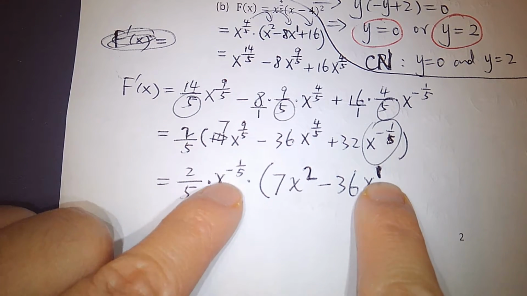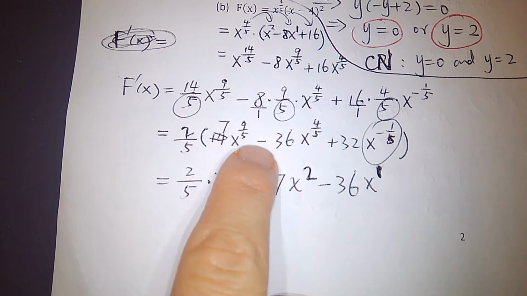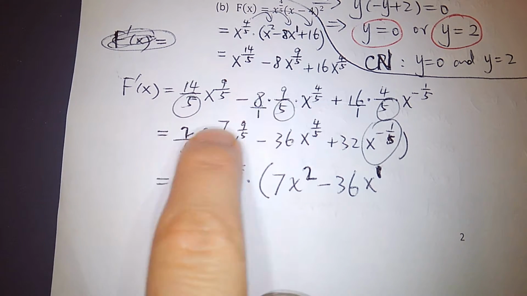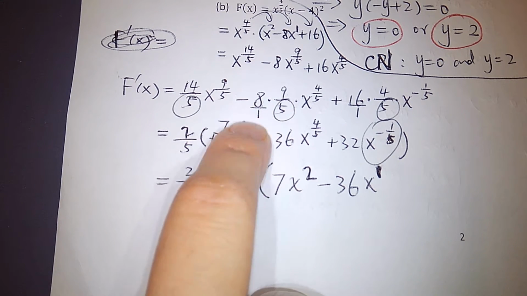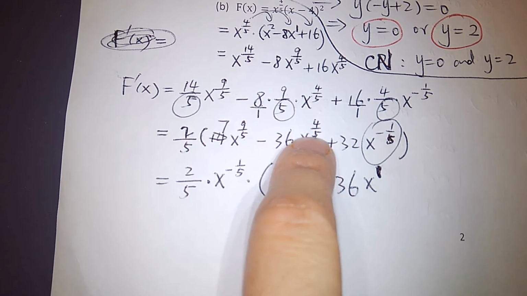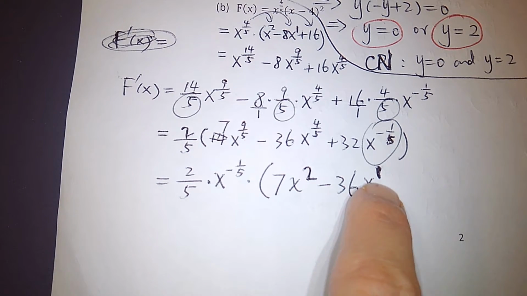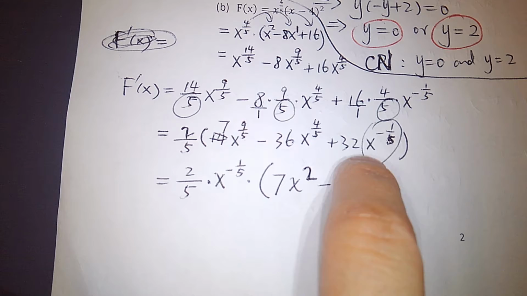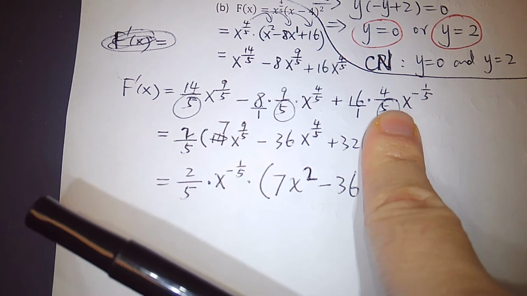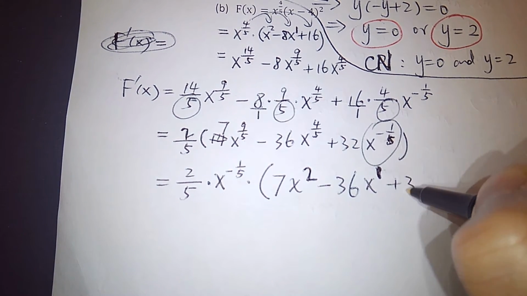One, right? Because if we're putting a negative 1/5 out, we have to add the 1/5 to the exponent. Adding 1/5 to this exponent gives us 1. And if we put this x to the negative 1 over 5 out, there's no x in this term anymore, so plus 1.